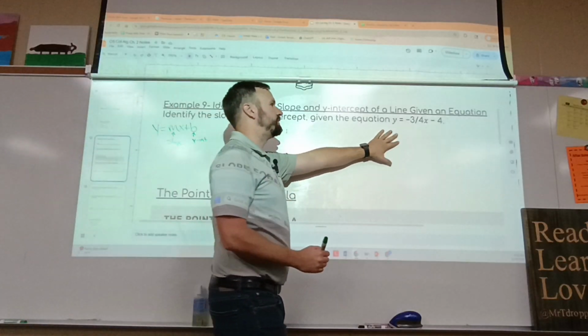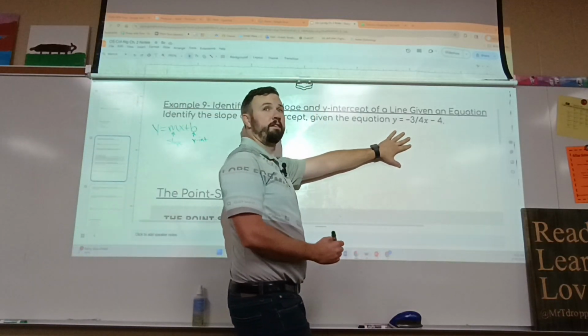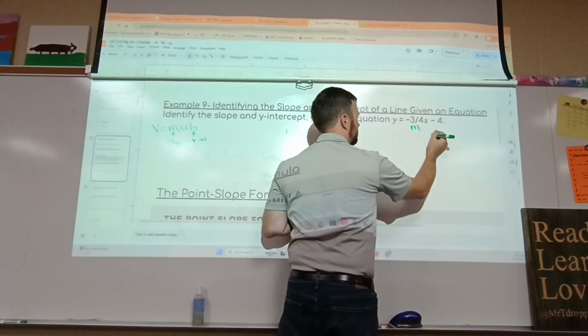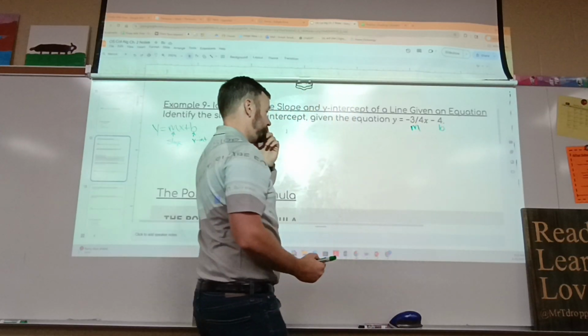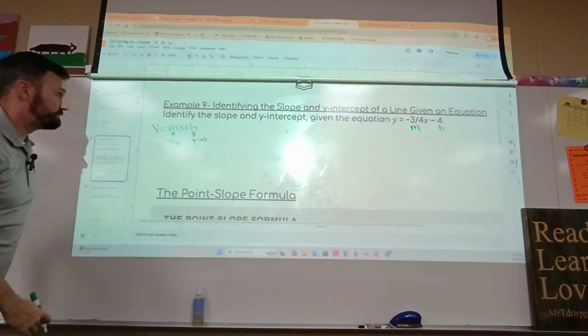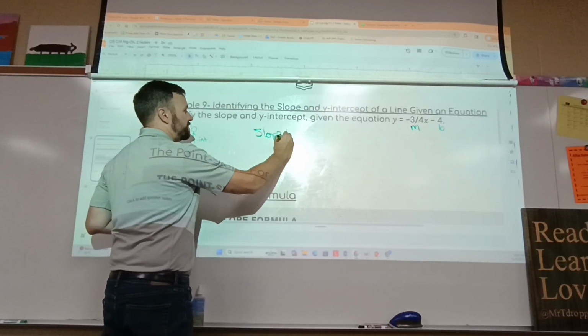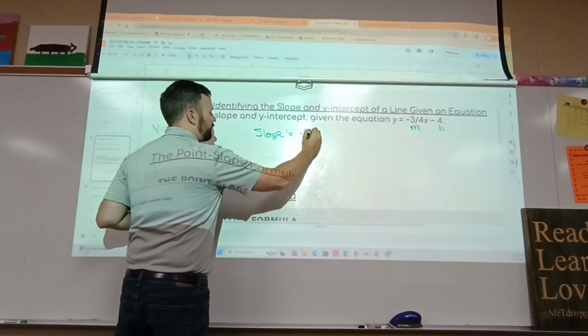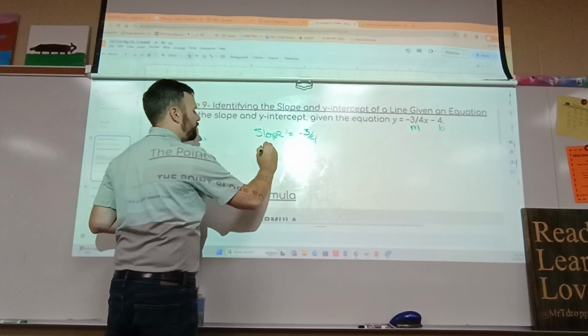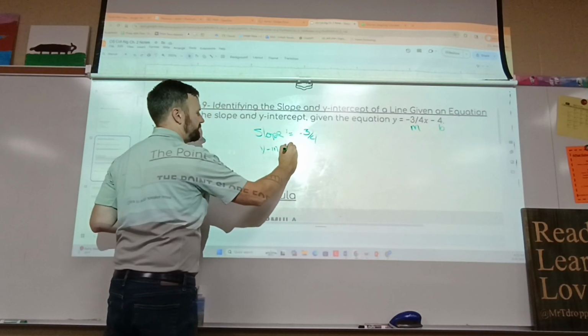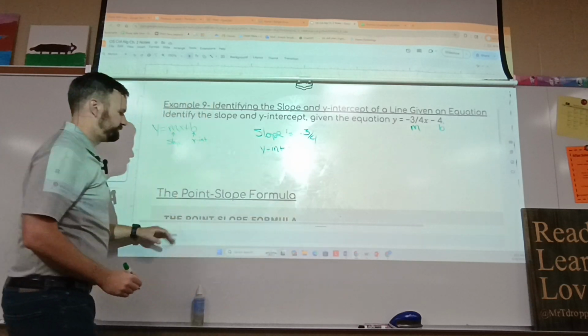So when I look at this equation, I have it all, right? I have my m, I have my b. That's it. Pretty much done. So my slope is -3/4, my y-intercept, -4.